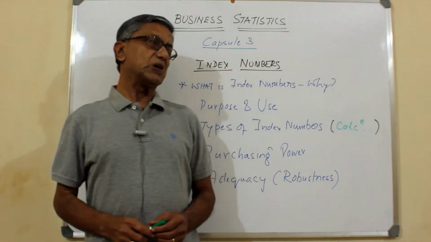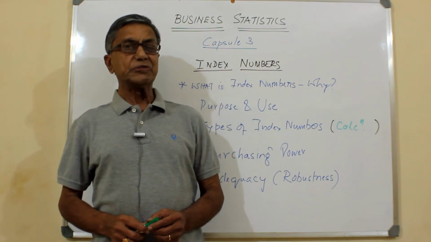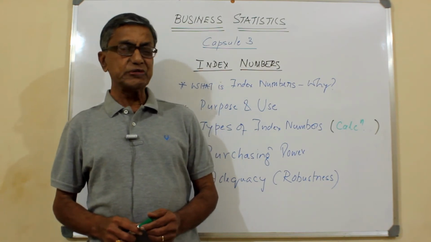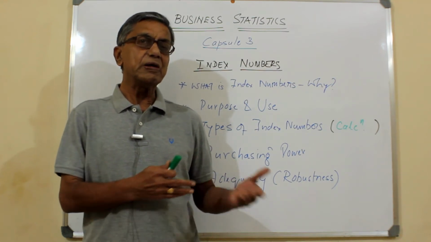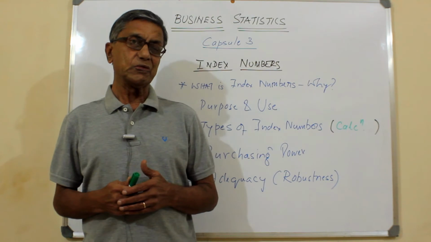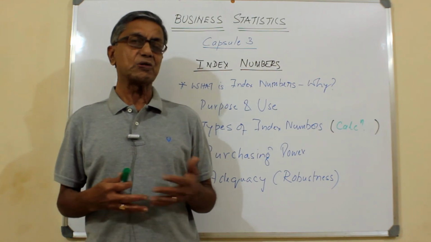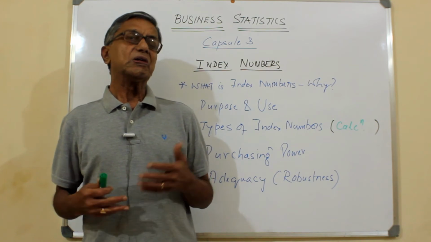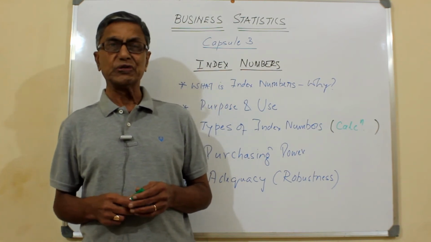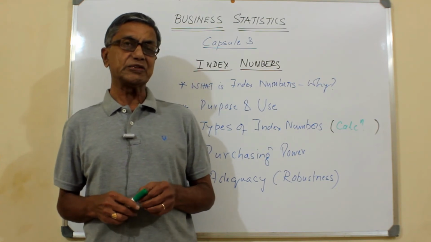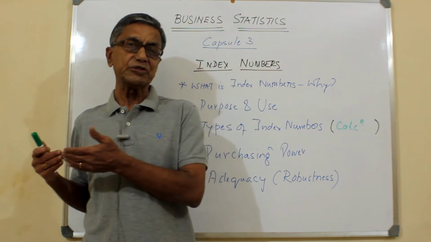Index numbers are pure numbers of business variables and economic variables over several years starting from a base period. You will have examples like BSE index or stock market index, inflation index, GDP, so on and so forth. So when you arrive at these index numbers, you talk of index numbers in the current period with reference to a base period.